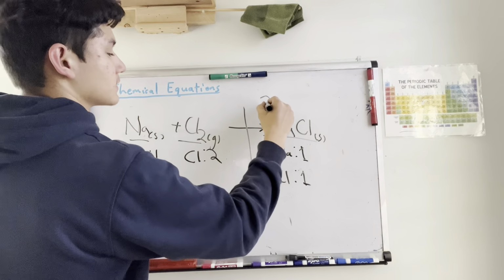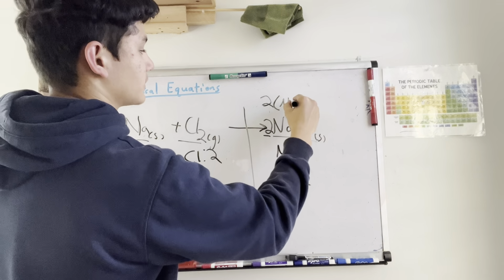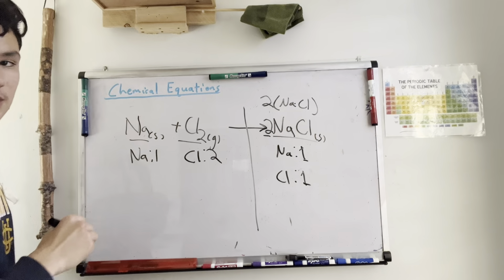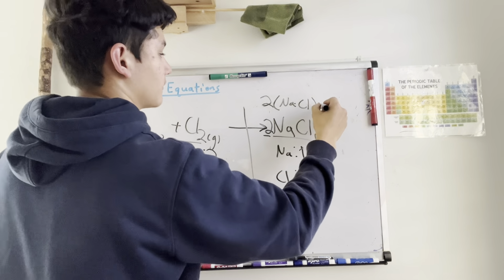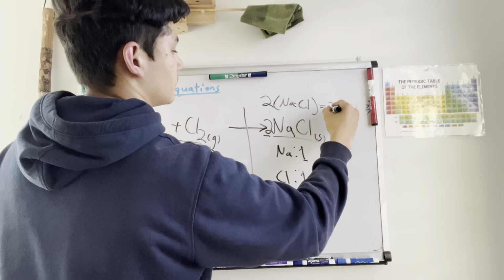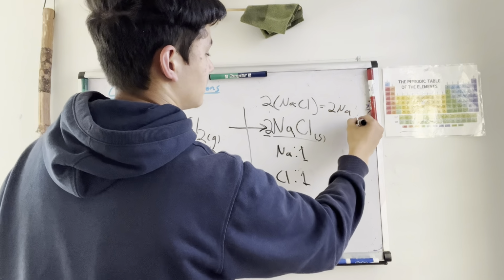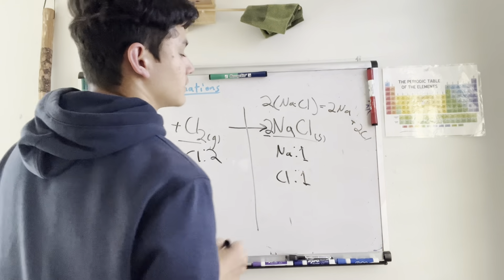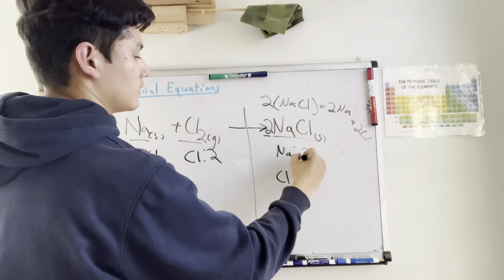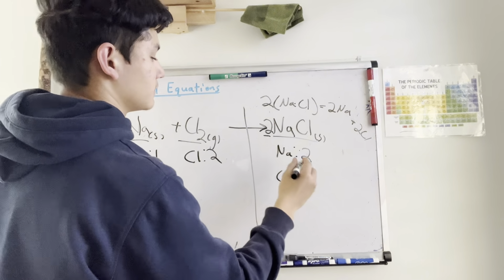We can think of this as distribution. If you had sodium times chlorine, and then we put 2 and distribute it as if they were variables in mathematics, then we would get 2 sodiums and 2 chlorines.